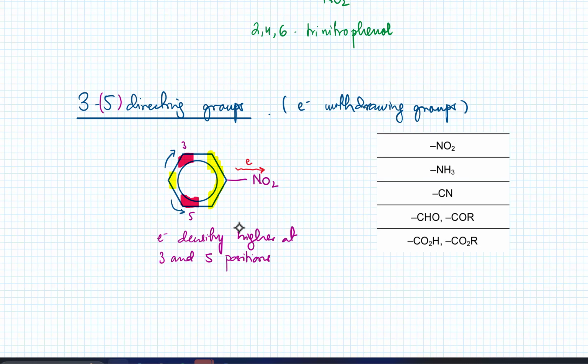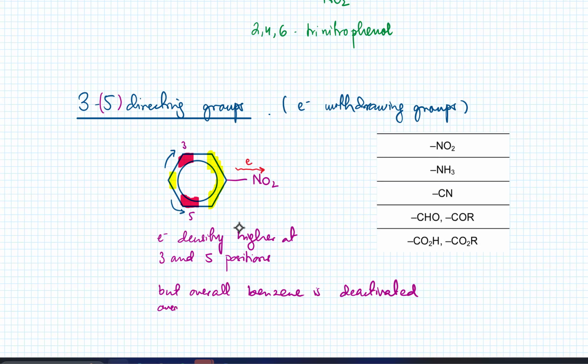Now, but overall, the benzene is deactivated. Overall, the benzene electron cloud has lost density because the electrons are getting withdrawn.